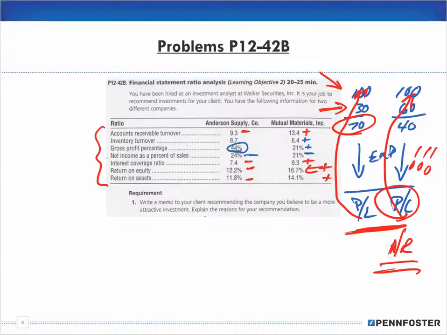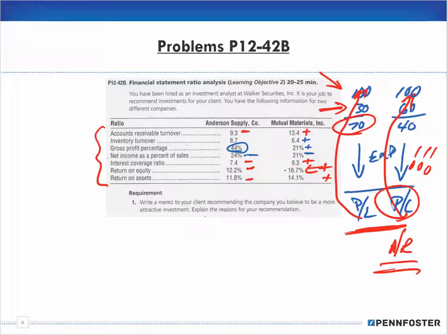So they're able to get more cash flow. That allows them to pay off their debt, which is shown by their interest coverage ratio. They're able to utilize their cash flow from collecting on the accounts receivable to pay off their debt, therefore having a better interest coverage ratio.